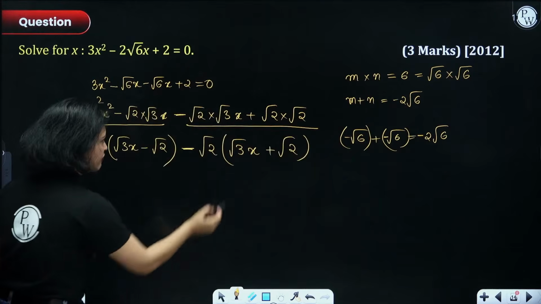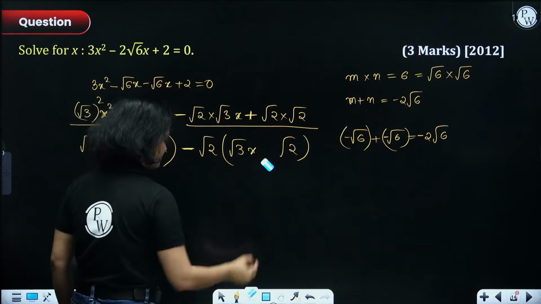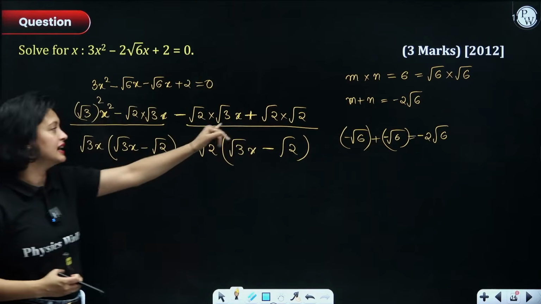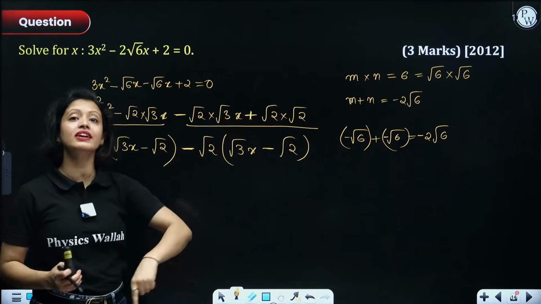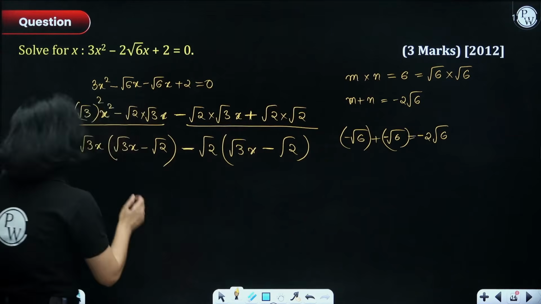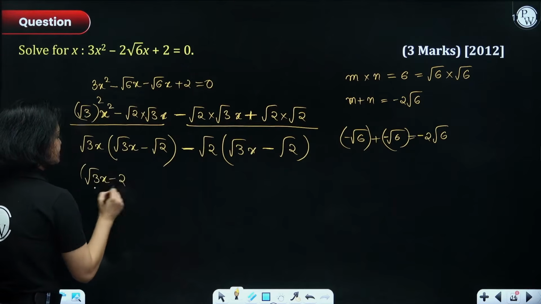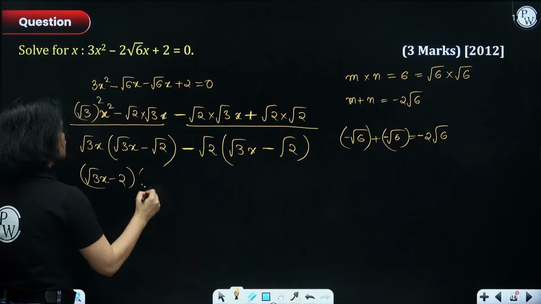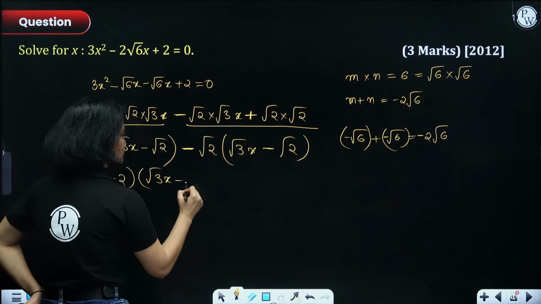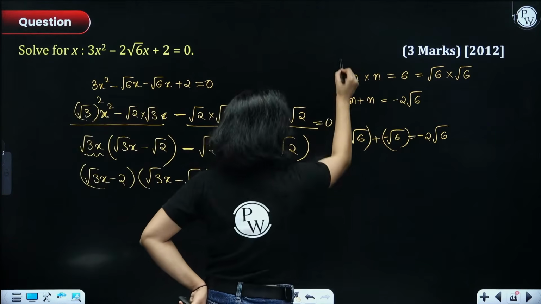Since I took negative common and here we have a positive sign, automatically here you should have a negative sign. Because if you are taking a negative sign outside, whatever signs are inside will be converted to the opposite sign. So addition becomes subtraction. Now root 3x minus root 2 will be taken as common. So root 3x will remain here and negative root 2 will remain here. And remember to equate all of this to 0.